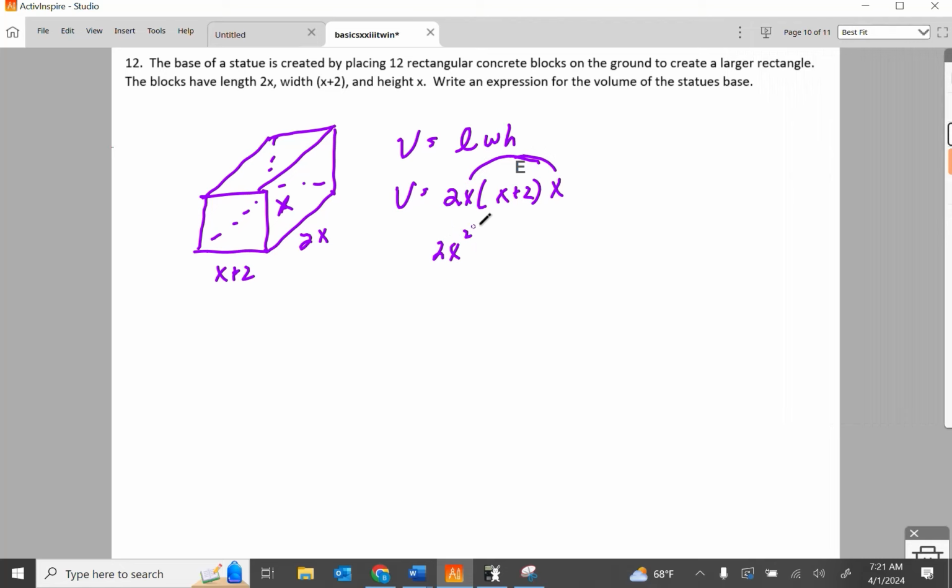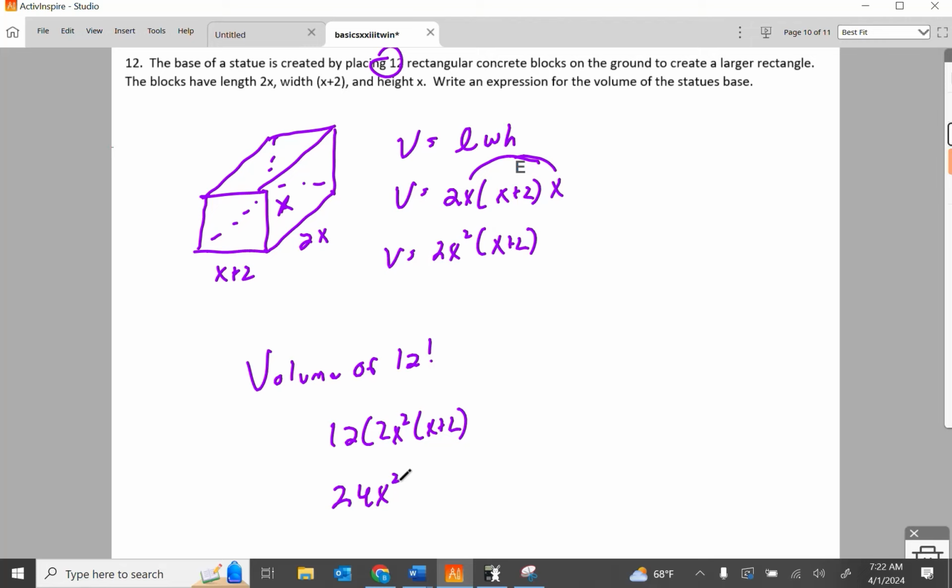They give me 2x squared, x plus 2. Now, there's 12 of them. The volume of 12 would be 12 times 2x squared times x plus 2, which is nothing more than 24x squared times x plus 2. Easy peasy.